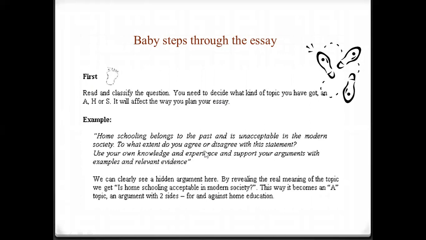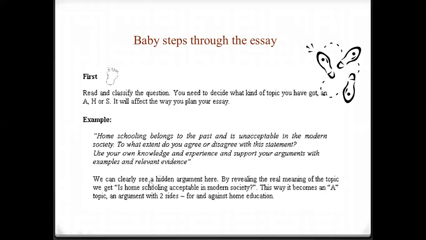Say, for example, on your IELTS exam, you're given this: Homeschooling belongs to the past and is unacceptable in modern society. To what extent do you agree or disagree with this statement? Use your own knowledge and experience and support your arguments with examples and relevant evidence.